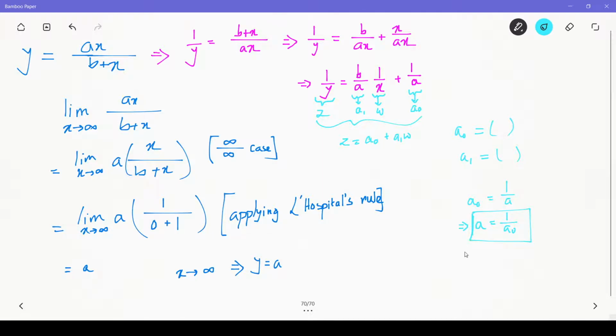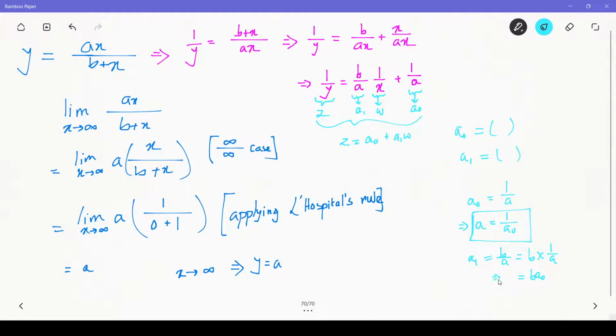So for b, what can we do? We know that a1 equals b by a. So we can write b by a as b times 1 by a, which is b times a naught.